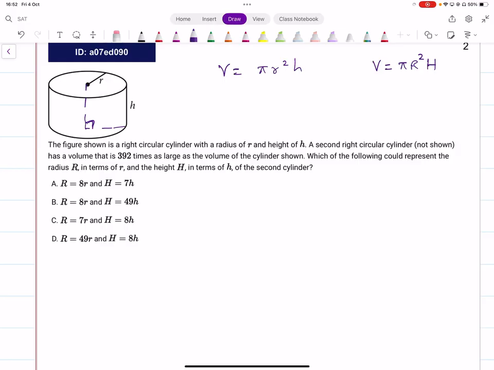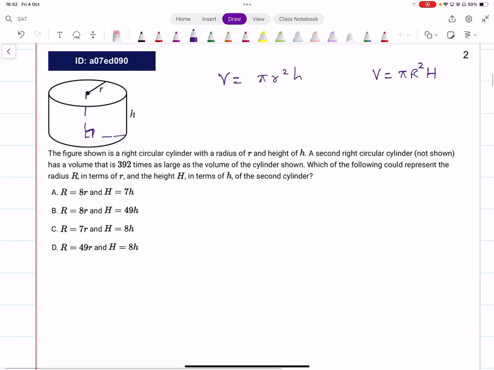All right, so let's find the volume for each one of them. V equals pi r square h and pi r square h. We know that the volume of one of them is 392 times the other. What that means is, if this is 392, this is 1, right? If we divide one by the other, we get pi R square H divided by pi r square h. That equals 392 over 1.